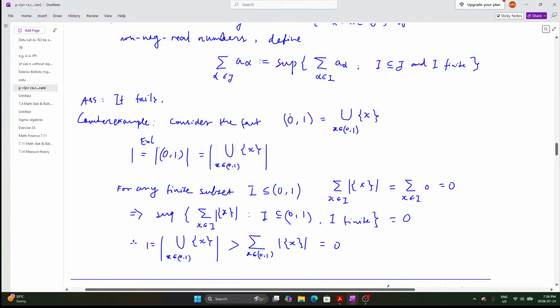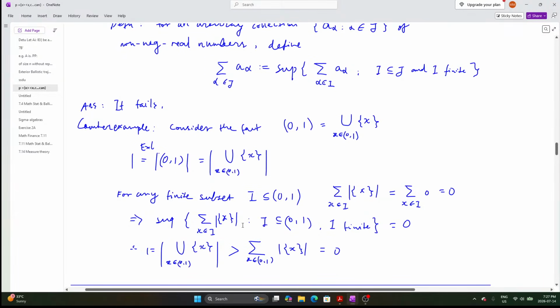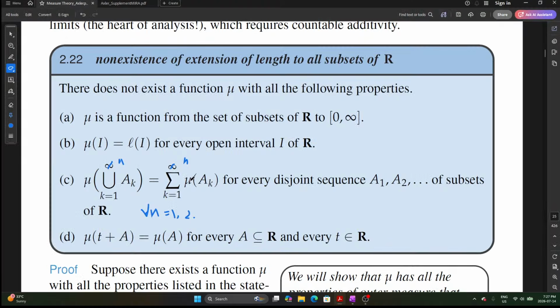But the uncountable sum, which is defined as the supremum of all the finite sums, that's 0. So uncountable additivity fails. Yeah, very nice question by Sean. This is exactly the sort of question I wish to see more in chat. Of course, all the questions are great, but this is especially worth interrogating.